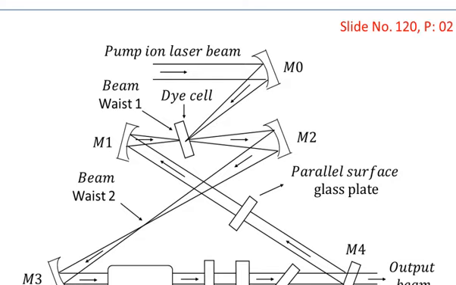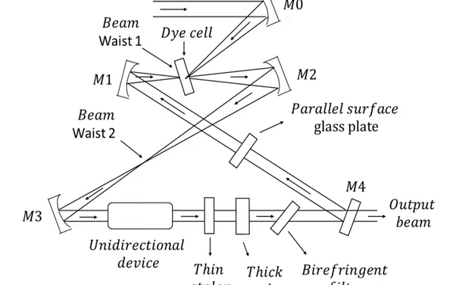The mirror M2 will focus the beam such that the beam becomes incident on the mirror M3, forming a beam waist at a location between mirror 2 and mirror 3.